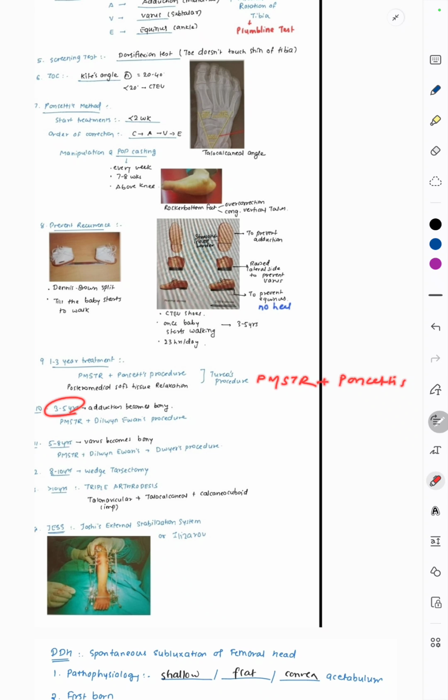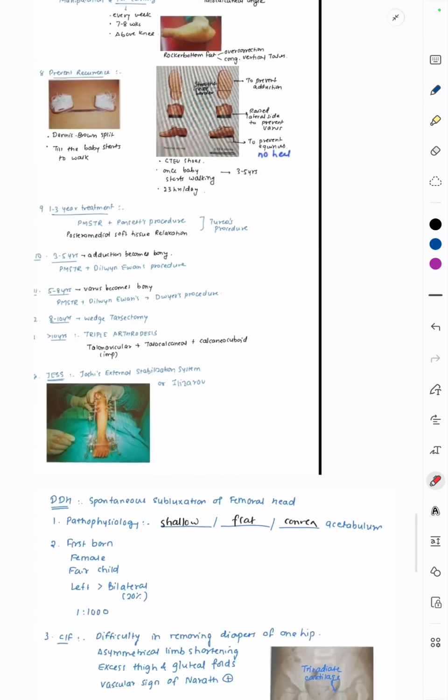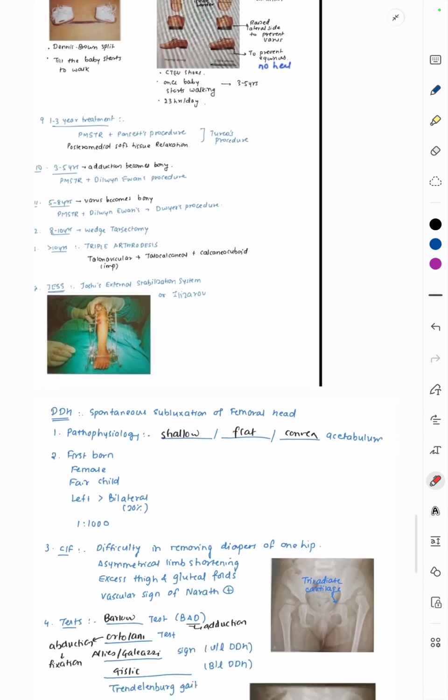Then at 3 to 5 years there is PMSTR, that is posteromedial soft tissue release, along with the Tilbury-Vance procedure. Then for 5 to 8 years the varus becomes bony, and for that Dwyer's procedure is carried out. For 8 to 10 years, cuboid decancellation or cuboidectomy can be done. After 10 years there is triple arthrodesis, that is the talonavicular, talocalcaneal and calcaneocuboid joints, which are fused to each other. Then Ilizarov's external stabilization system, or taylor spatial frame stabilization, can be used.